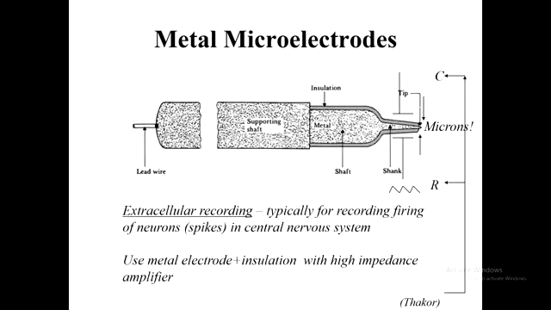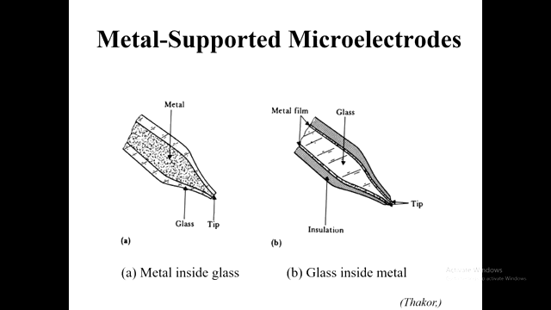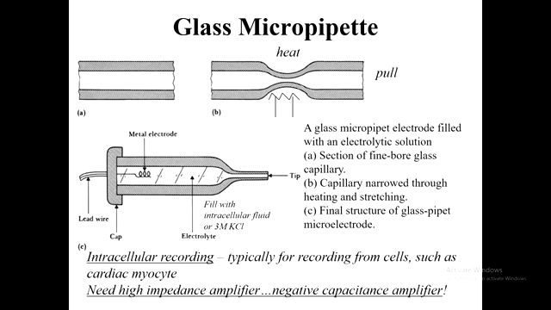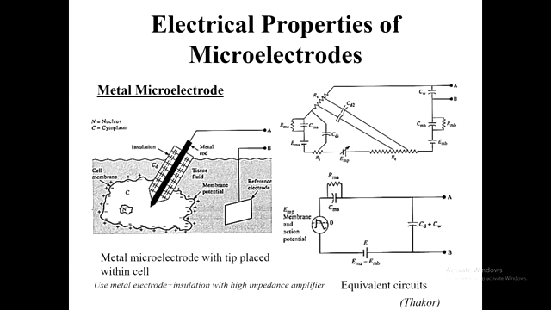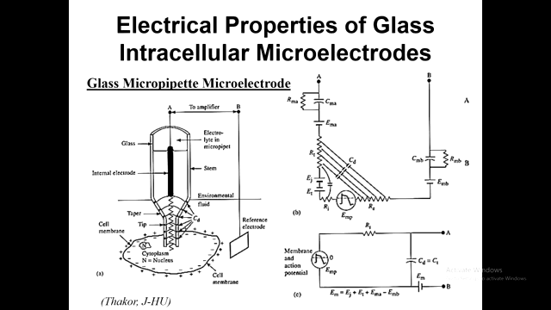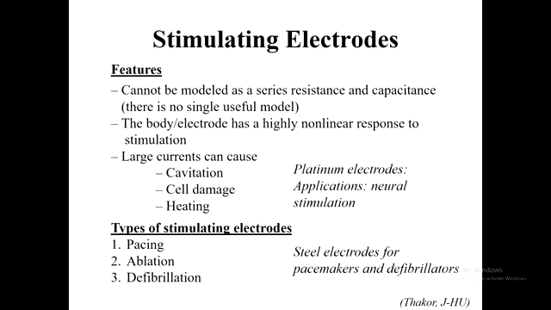Microelectrodes are often for doing direct cell measurements, and there are quite a zoo of these devices, metal, glass and so on. We don't really have time to discuss them here today.